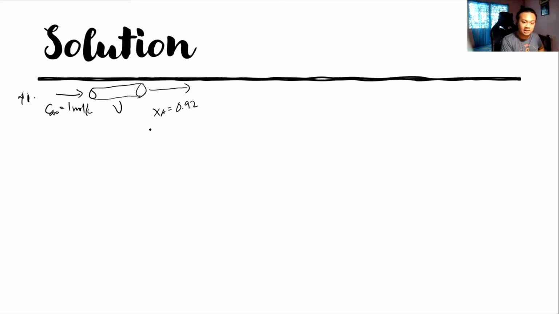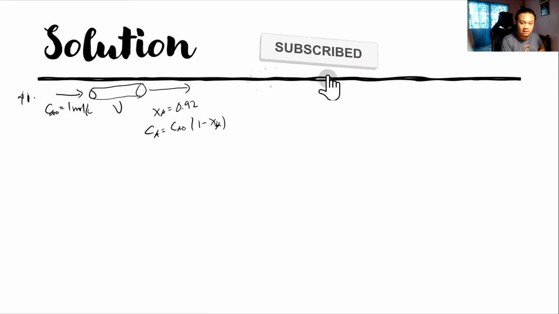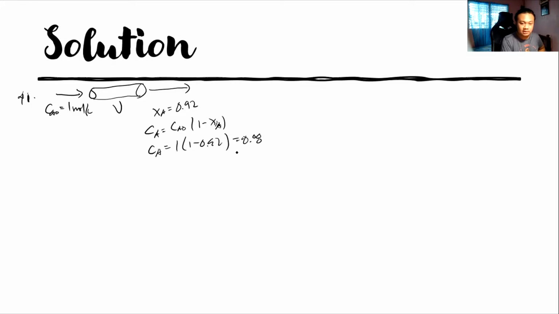So we get the CA there. It's just CAO times 1 minus XA. We have 1 minus 0.92, 0.08, right? This is the CA.